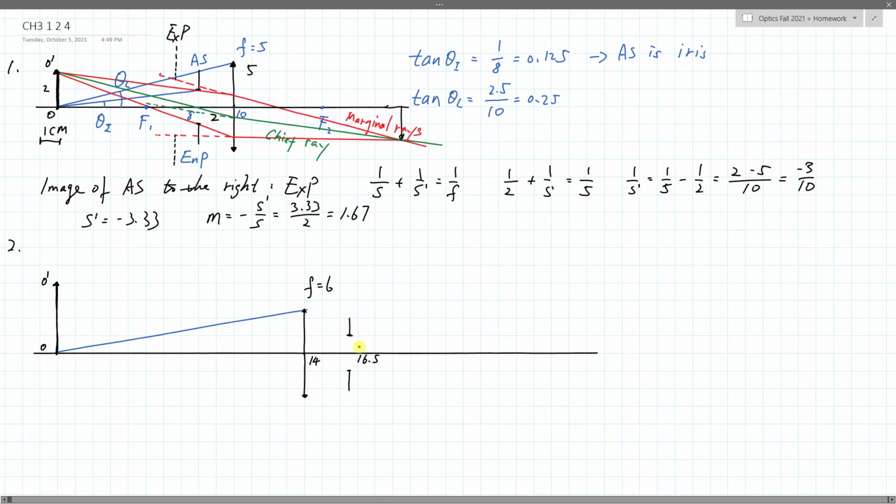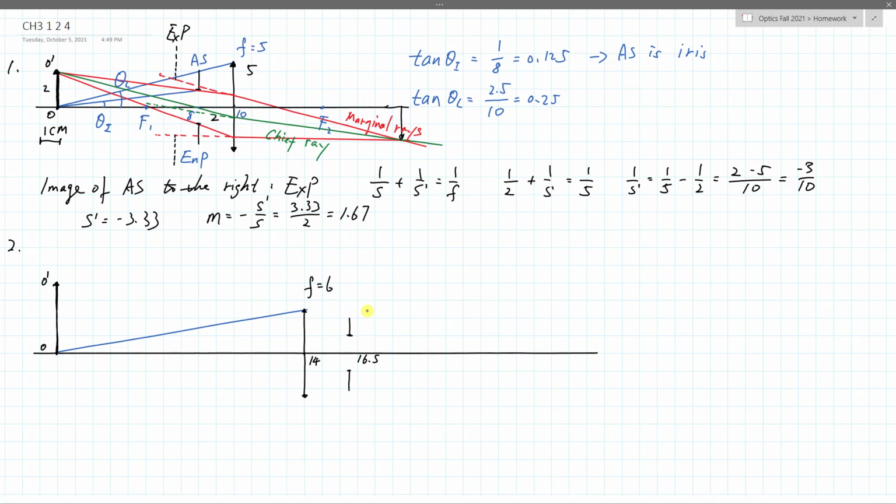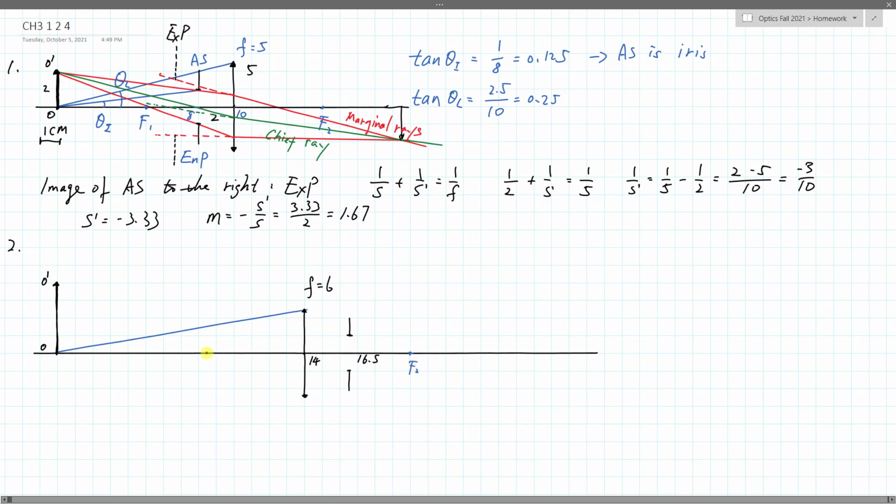And the effect of the aperture is imaged through that lens, so the aperture will actually be a bigger virtual image aperture, because again we have a focal length of 6, so that's 2, 4, 6. Here's f2, 2, 4, 6. f1. So this is within the first focal length.